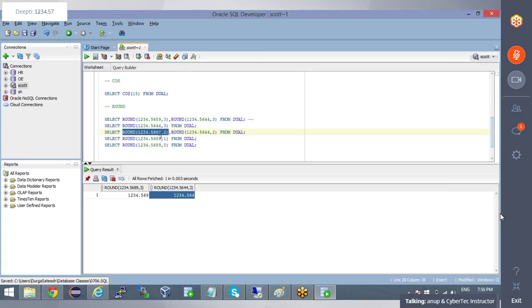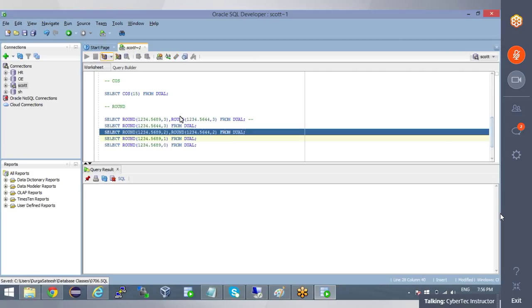The reason is the third digit is greater than or equal to 5, so it has to increment the second digit by 1. And what would be the value of this one? No, it would be 56, because the third digit is less than 5.